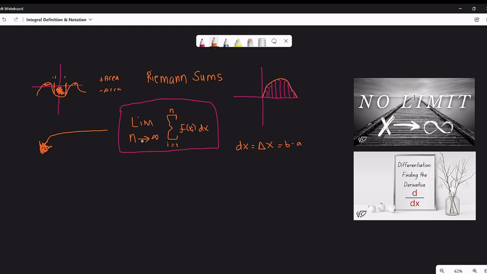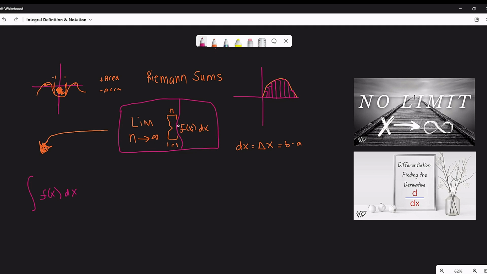He says that this part right here is the same thing as this symbol, this stylized S. And then we can take this part and throw it in here, f of x dx.